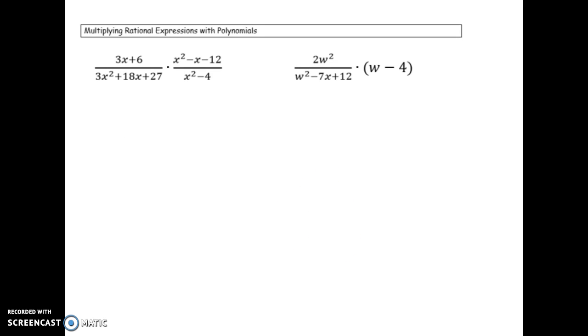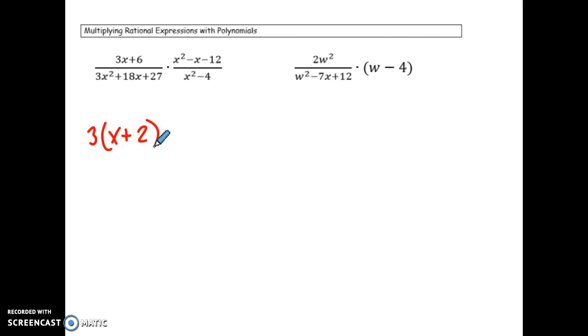Awesome. Okay, so I know that this seems a lot more complicated, but we're still just multiplying straight across. However, we can reduce early. So let's go ahead and take out what we can. I am going to simplify as much as I can. On the numerator of this first fraction, I'm going to take out a 3, leaving x plus 2.